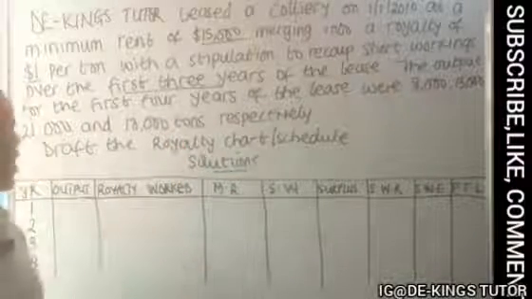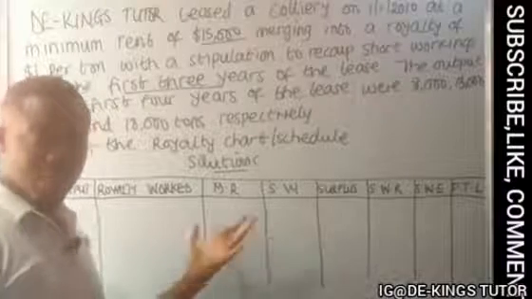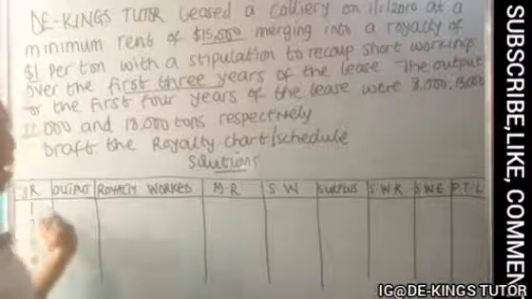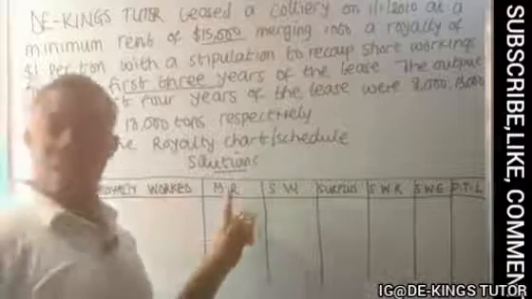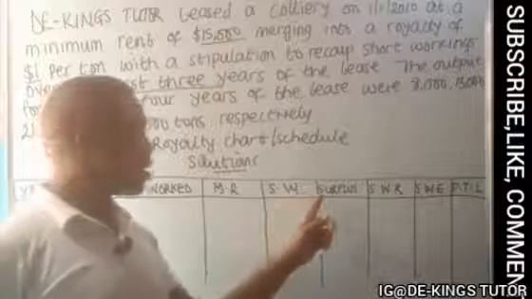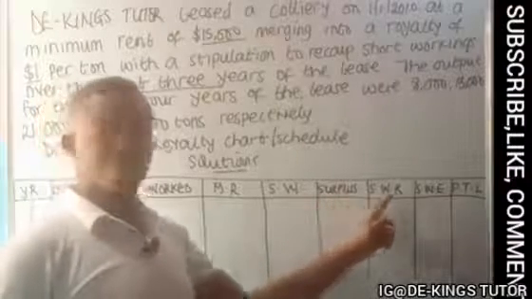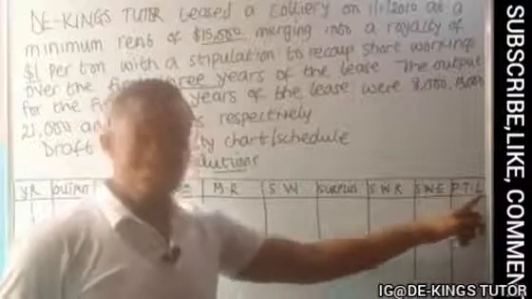Okay, so the output of the first 4 years were as follows: 8,000, 13,000, 21,000, and 18,000 respectively. Draft the royalty chart. Now, this is how the royalty chart looks like. We saw that before. Now, here is the output. The royalty chart: minimum rent, MR stands for minimum rent, SW stands for short workings, surplus, short workings recoup, short workings elapse, and payments to landlord.